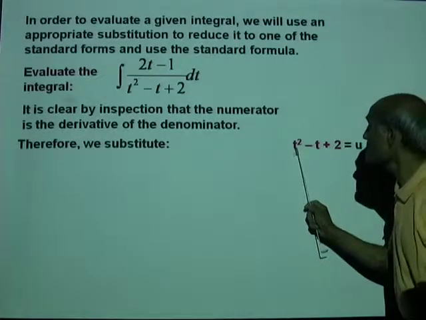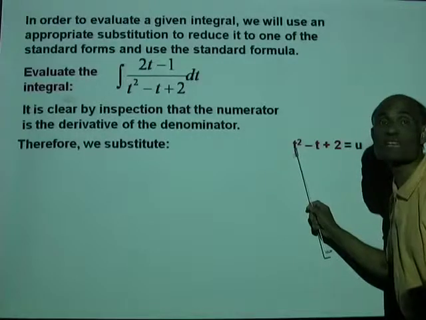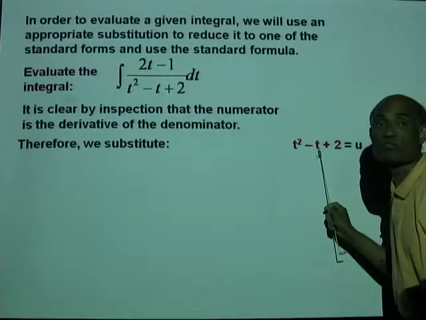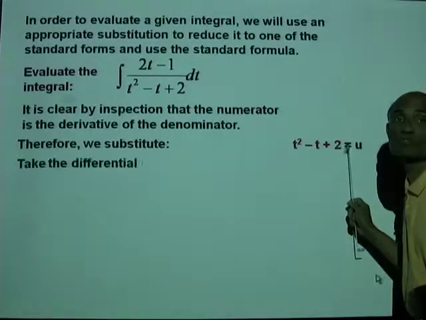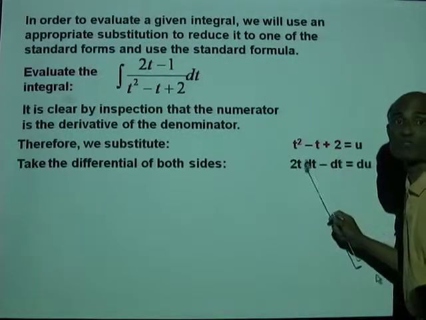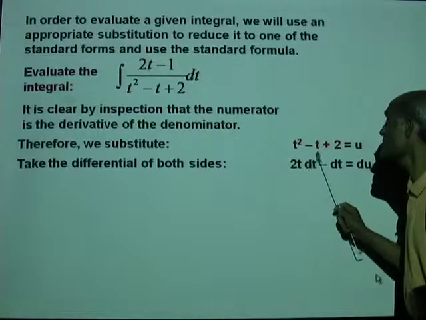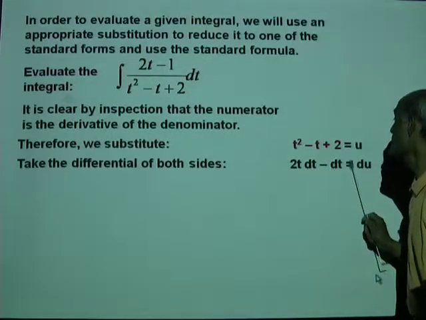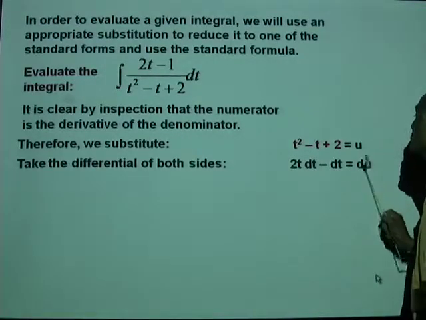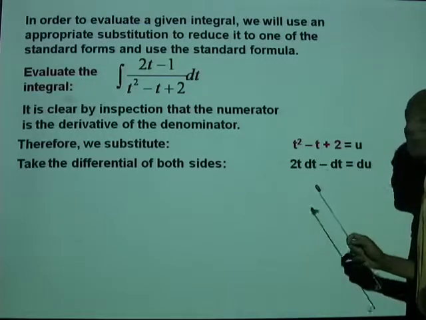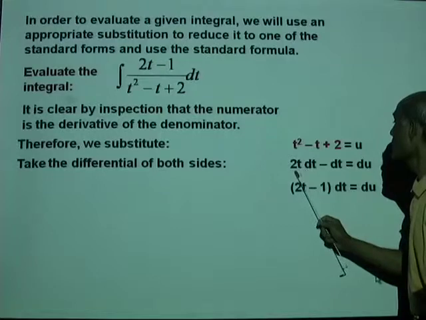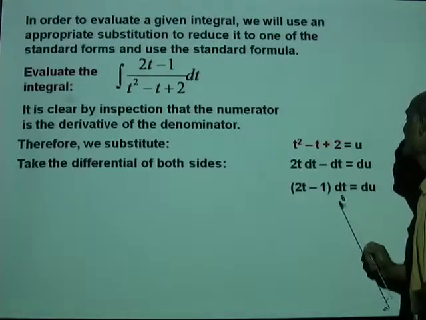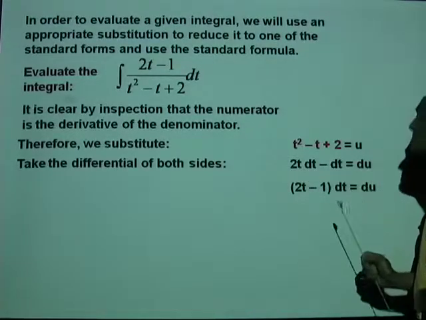The differential of t squared is 2t dt, the differential of t is dt, and the differential of 2 is 0. So you have 2t dt minus dt equal to du. The differential of u is du. Alright, factor out dt on the left hand side. You get (2t minus 1) times dt equal to du.